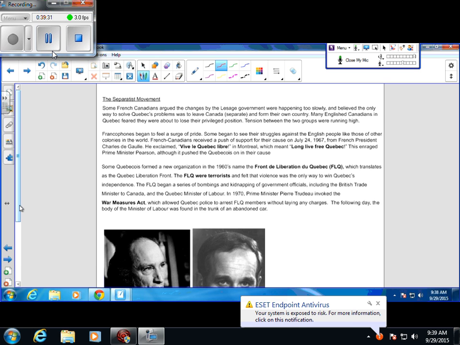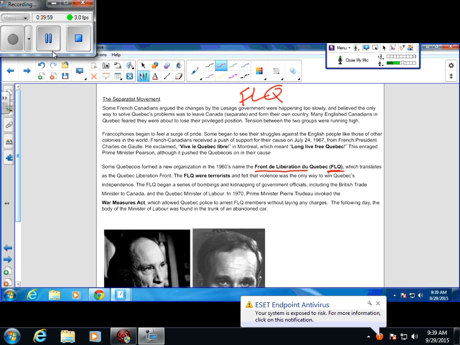So as you recall, we are going to talk about the FLQ. This is still part of the Quiet Revolution, part of the changes and uproar and the want for change in Quebec during this time period. The FLQ, the Front de libération du Québec, make sure you remember that name.